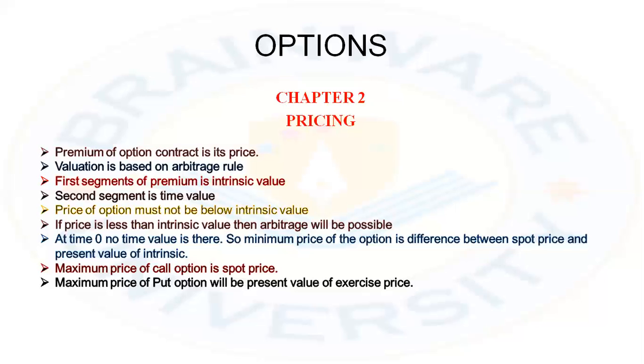Next point, if the price is less than intrinsic value, then arbitrage will be possible. Obviously, if the premium is less than that, then any person will take this opportunity and make some profit. So that cannot be permitted. Next point is that at time zero, meaning today, no time value is there. So the minimum price of the option is the difference between spot price and present value of the exercise price.